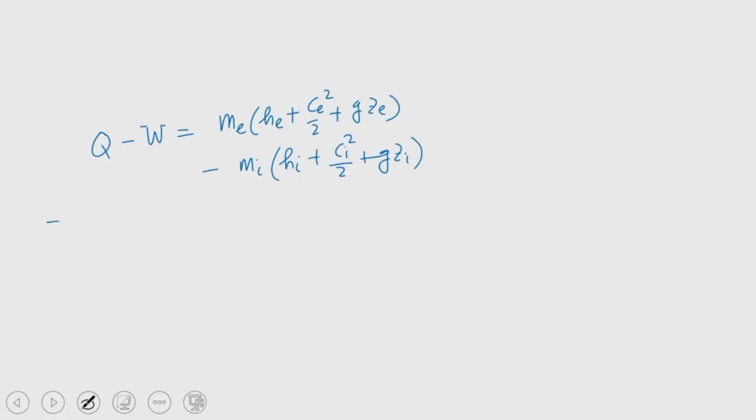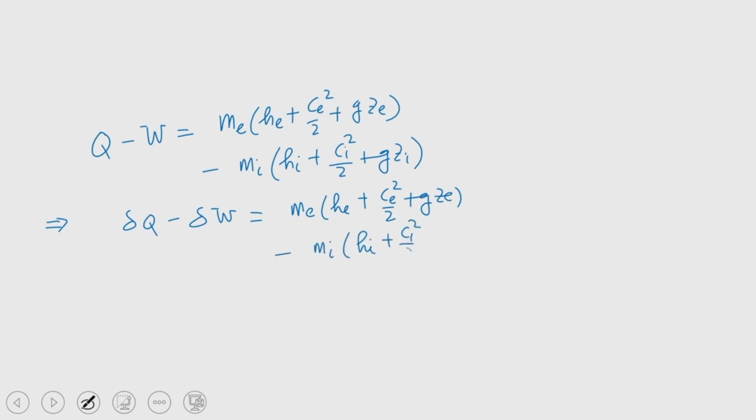If we try to write in a specific form, you know that we can write, in differential form, δQ minus δW equal to M E (H E plus C square by 2 plus G Z E) minus M I (H I plus C I square by 2 plus G Z I).